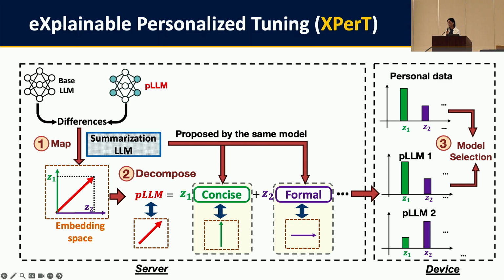For example, on the server we only have a model fine-tuned to generate concise data, and another PLM fine-tuned to generate formal data. But the user needs a model that can generate data that is both concise and formal, and we can't find any existing PLM in the pool, so we can try to merge multiple models to combine the aspects of personalization. Okay, I see. Thank you very much.